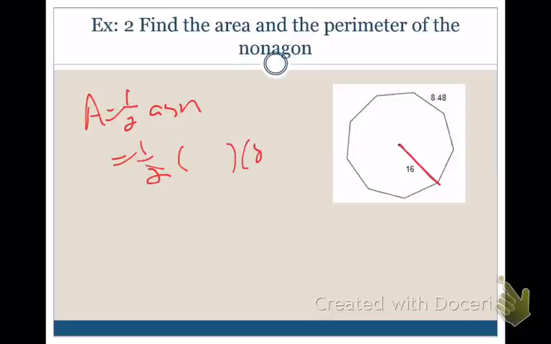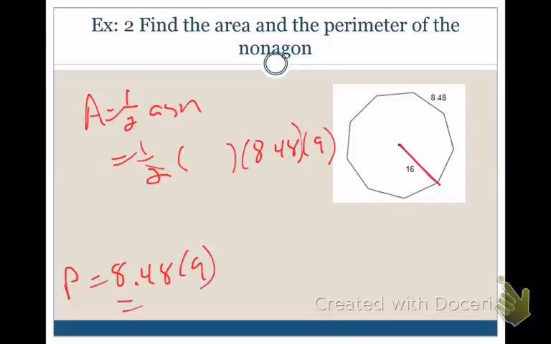The side length is 8.48, and since it's a nonagon, it's got 9 sides. So the good news is we can find the perimeter really quickly. Just take 8.48 times 9, which is 76.32.